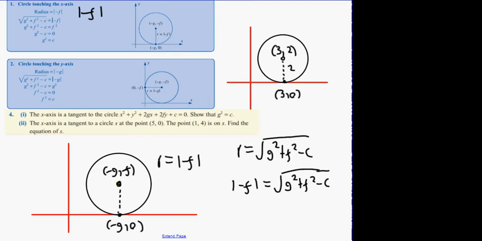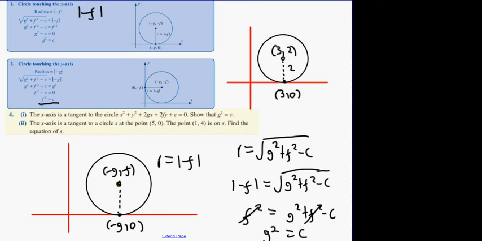Square both sides, and f squared equals g squared plus f squared minus c. The f squareds cancel. So for this specific example, g squared always equals c. And likewise, when the y-axis is the tangent, f squared equals c. You happy with that? Great.